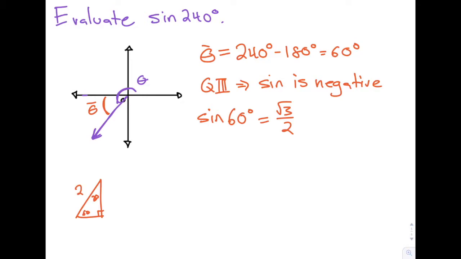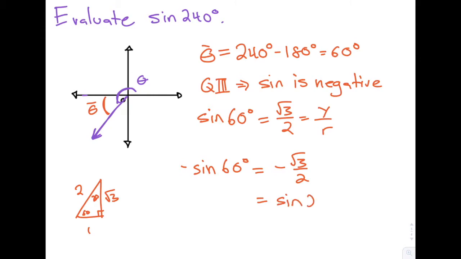We have a radius of 2, side opposite 30 of 1, side opposite 60 of root 3. Again, this definition is the y value over the radius. So that gives us the square root of 3 over 2. Since the sign is negative, negative root 3 over 2 is sine of 240 degrees. So this is our answer.